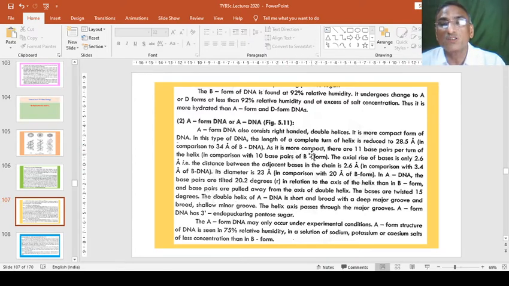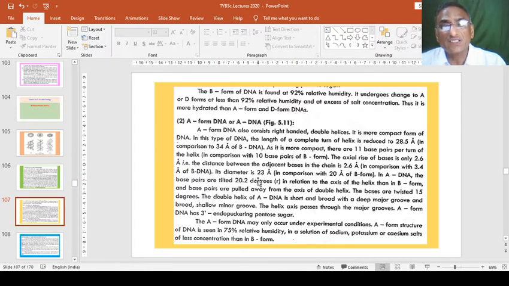As it is more compact, there are 11 base pairs per turn of the helix in comparison with 10 base pairs of B form. The axial rise of bases is only 2.6 angstrom. That is, the distance between adjacent bases in the chain is 2.6 angstrom in comparison with 3.4 angstrom of B DNA.